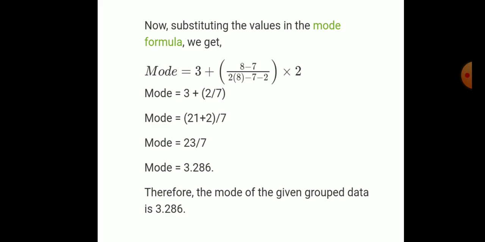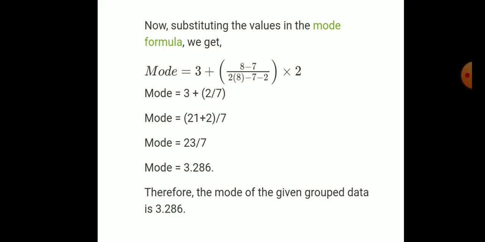So next, we are going to substitute the values in the mode formula. So we get 3 plus (8 minus 7) divided by (2 times 8 minus 7 minus 2) times 2. So 3 plus 2 divided by 7, we have (21 plus 2) divided by 7.